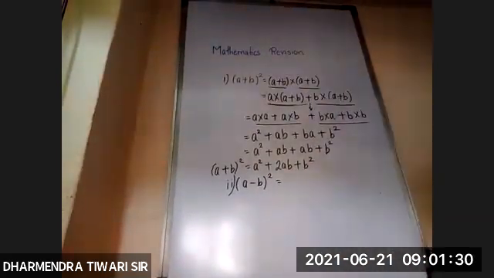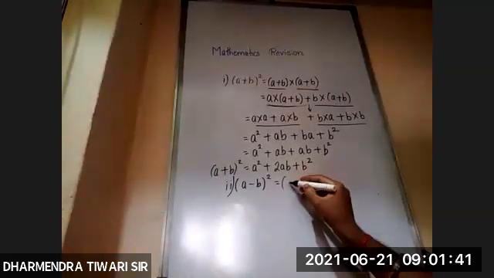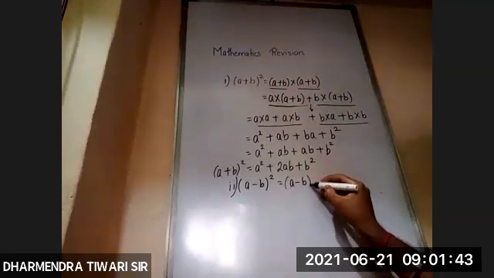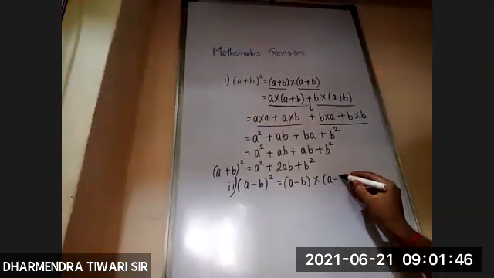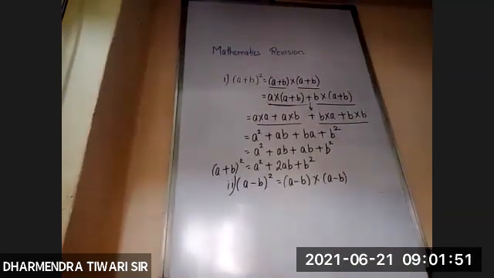Similarly as we have written A plus B the whole square as A plus B into A plus B, we'll be writing A minus B the whole square as A minus B into A minus B. Now, what is to be done? As we have applied the rule for A plus B, do similar steps for A minus B into A minus B. Only the difference is that instead of plus, we'll be having minus.